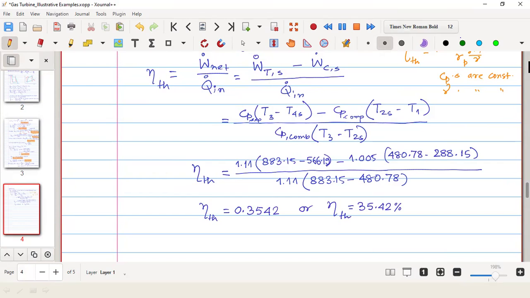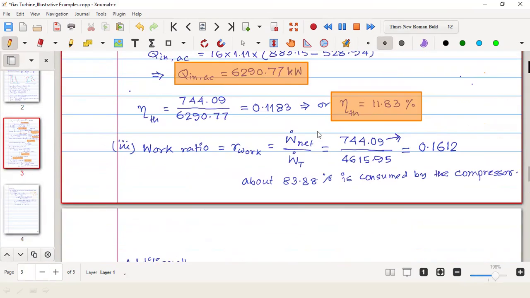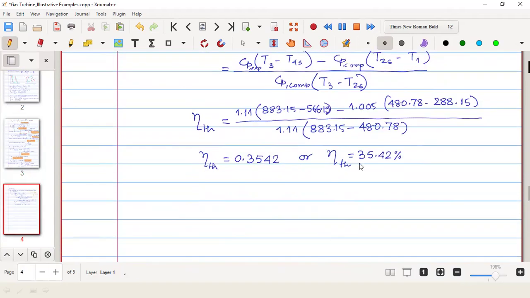You see that for the actual cycle, it is about 11.83% or about 12%, and for the no-loss, that is frictionless compression and expansion, this is about 35%.